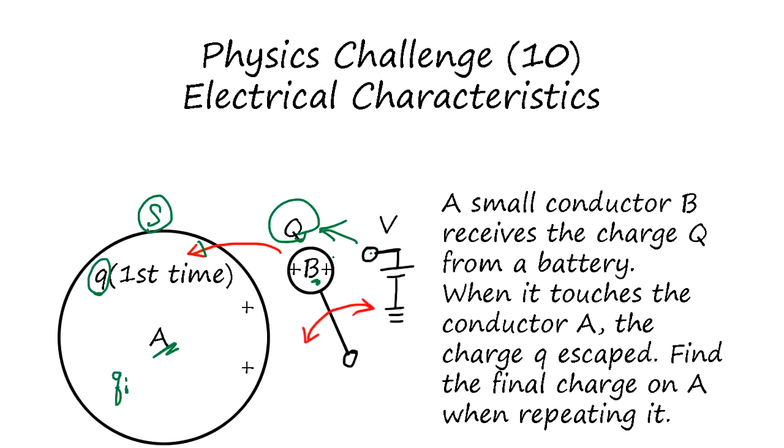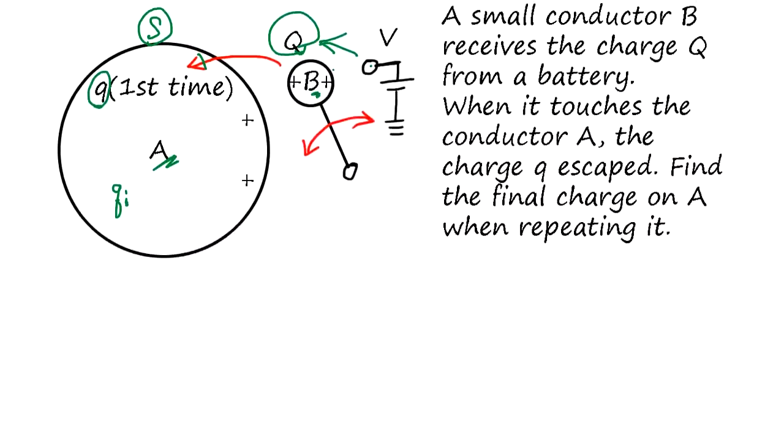Okay, so assuming these capacitances are C and D, we can establish the equation V equals Q over C. Not this V, instead after you touch, Q minus q equals q over D, right?